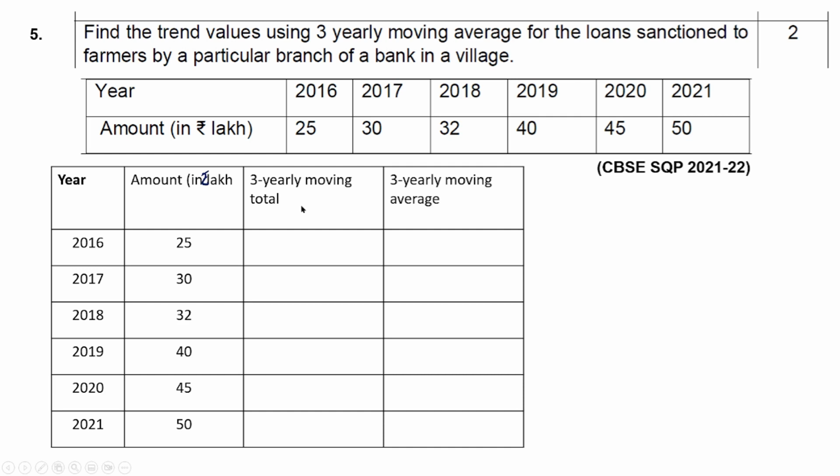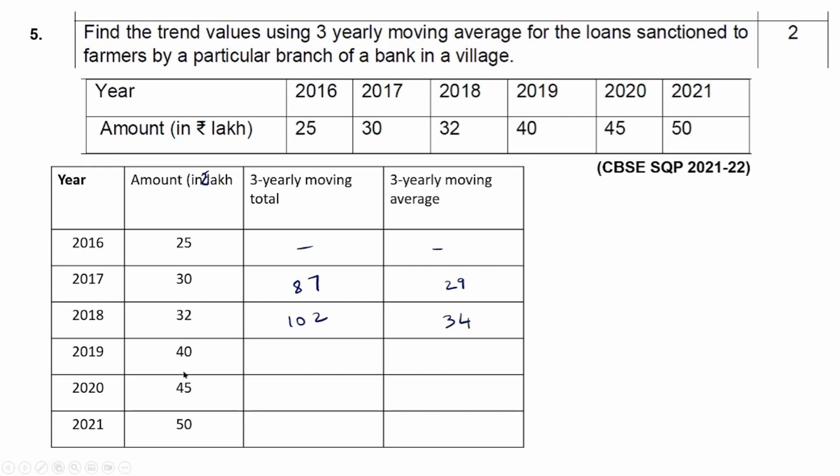So here for the 3 yearly moving average, we do not have any value for the first year, and then we have 25 plus 30 plus 32, it is 87. 87 divided by 3 is 29. Next we have 30 plus 32 plus 40, it is 102, divided by 3, it is 34.